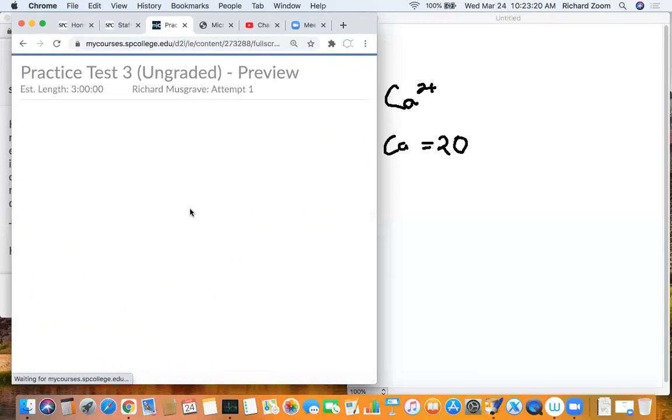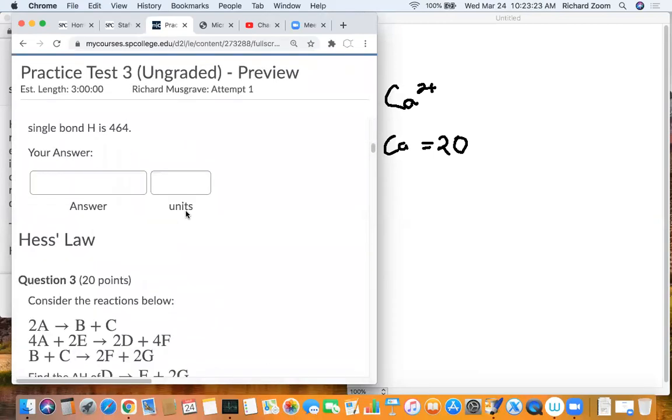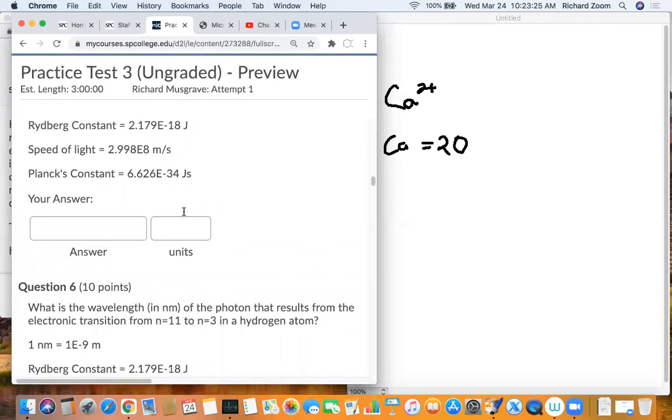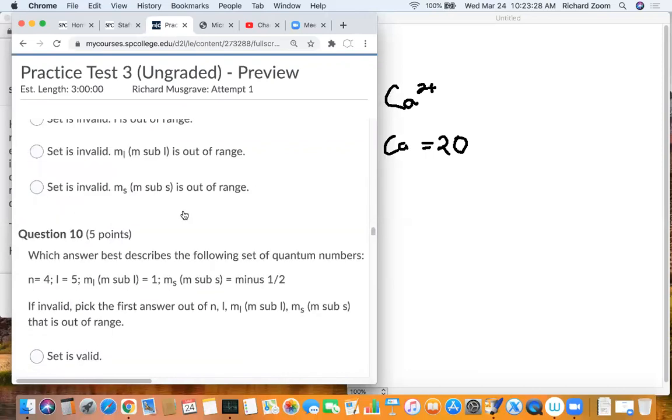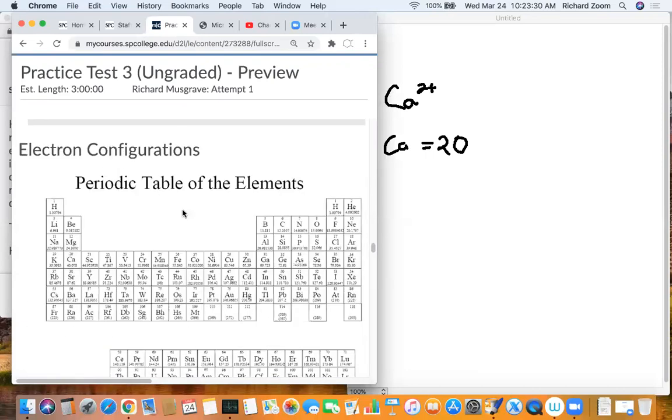So as part of practice test 3, you do have access to a periodic table somewhere. You better have. Here it is. All right, so there's your periodic table.